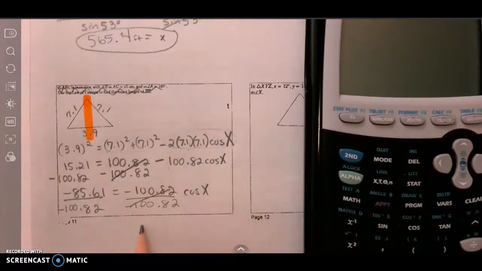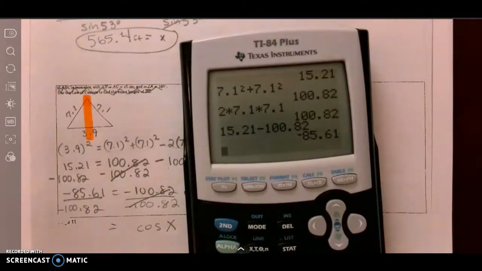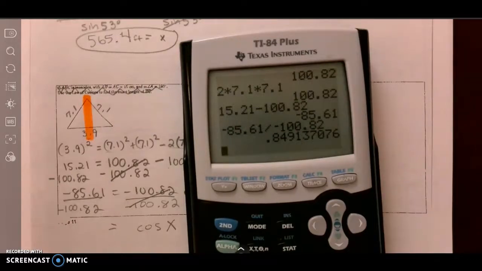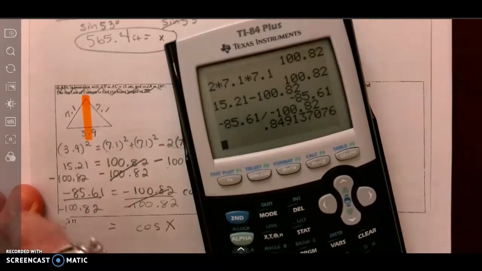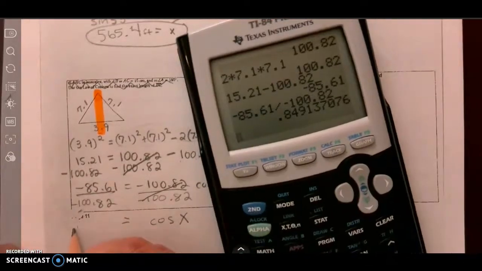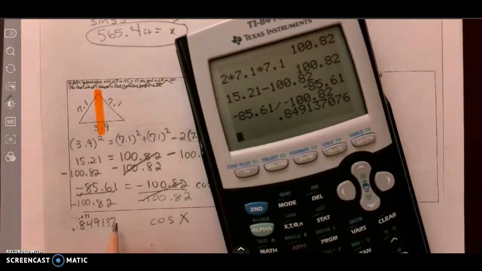And these cancel, and I get that the cosine of x, let's see, here's my calculator, negative 85.61 divided by negative 100.82, and I get 0.849137076.